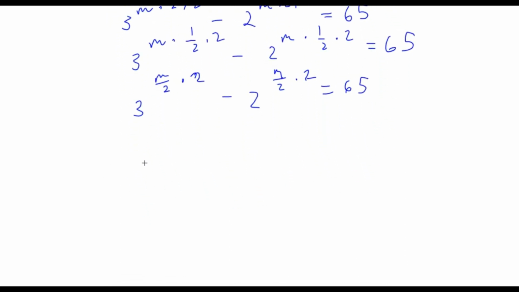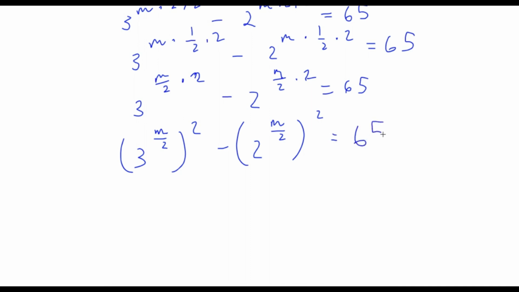So now we are going to have 3 to the power of m over 2 to the power of 2 minus 2 to the power of m over 2 to the power of 2 is equal to 65.